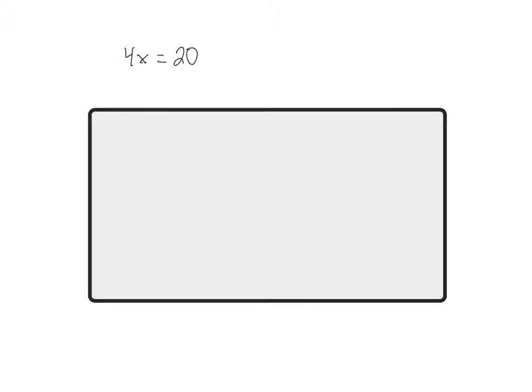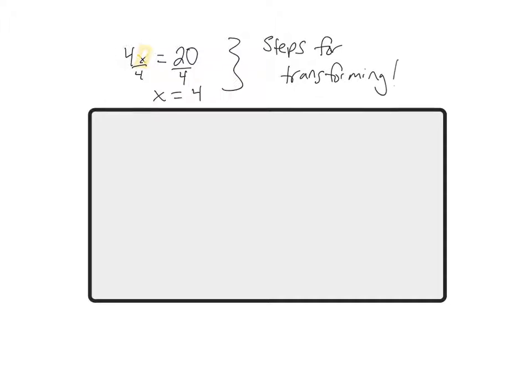Basically what we do when we solve an equation is, as you know, we isolate the variable. So what we're trying to do is go, well, how do I get x all by itself? Well, I know that to get x by itself, I have to divide to isolate it to give us x equals 5. These steps are the same steps that we're going to use today for transforming literal equations.